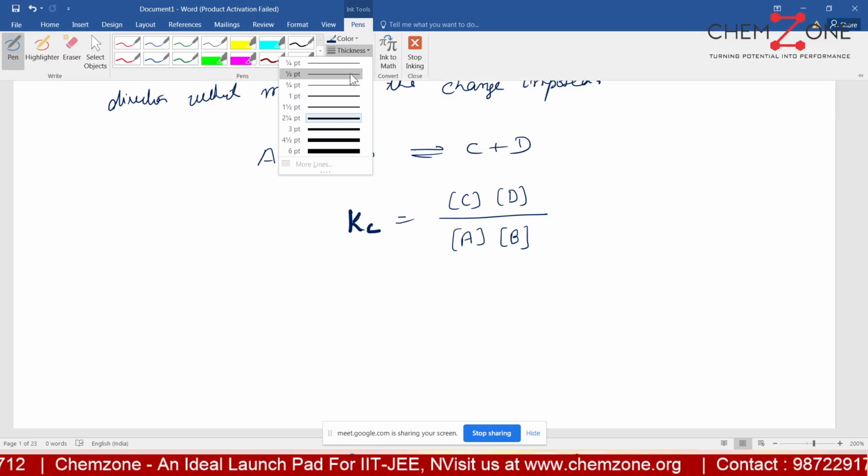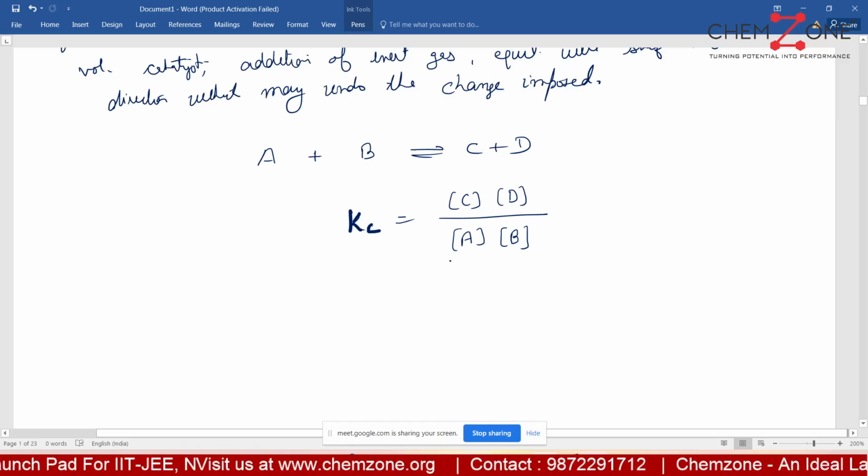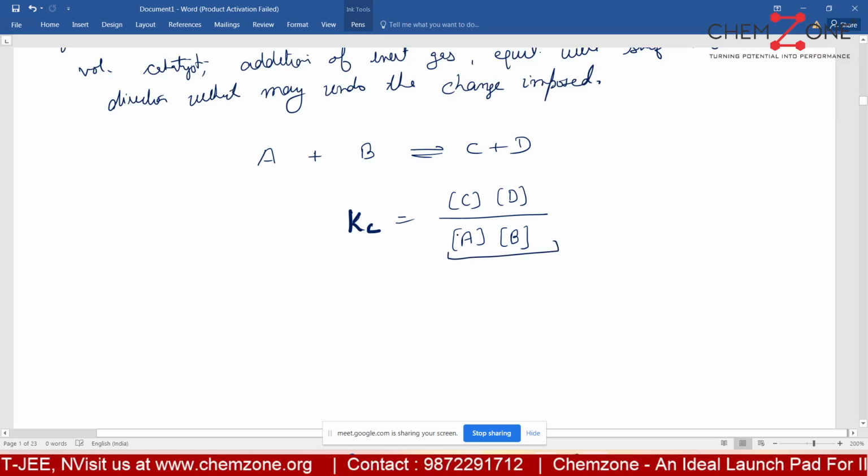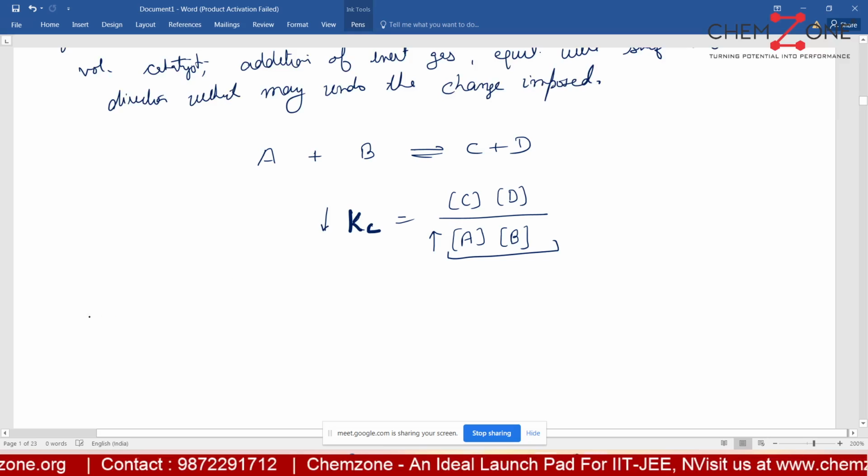Now I try to disturb this equilibrium by adding A and B. Suppose I add A and B, then what do you find? The Kc value should decrease. Yes or no?